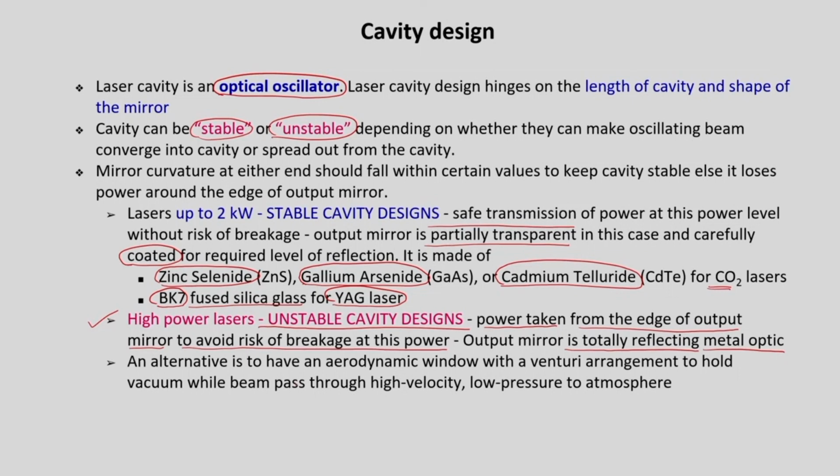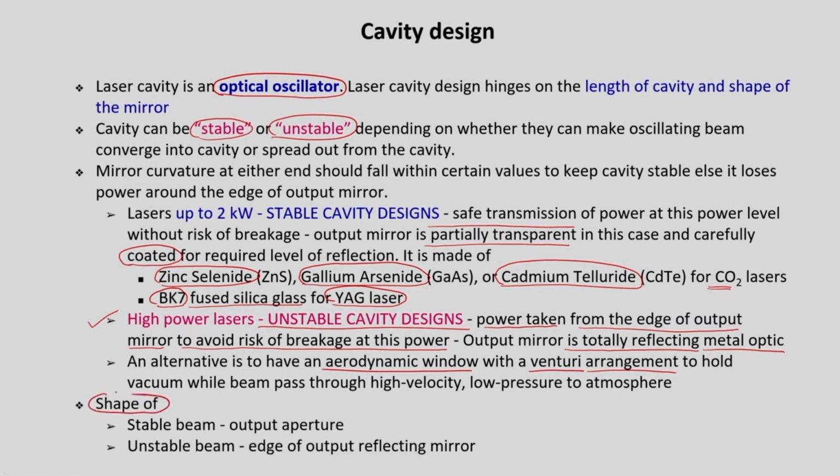The stable cavity also has some sort of aerodynamic windows which are based upon the Venturi arrangement, so that we can get the collimated beam at the center, at the axis of the laser system itself. The shape of the stable beam is basically dependent upon the output aperture.